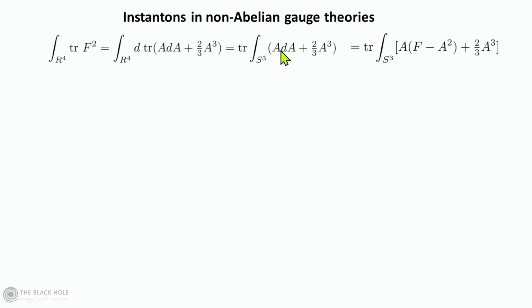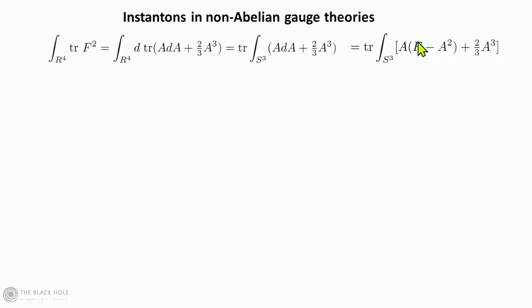Okay, so let's see what happens. Now this dA is equal to F minus A squared. Why? Because F is equal to dA plus A squared. So we have this is that, and 2/3 A cubed remains where it is.